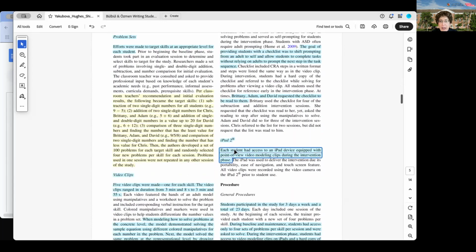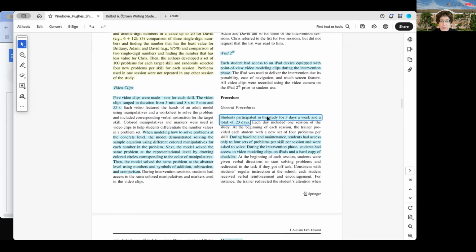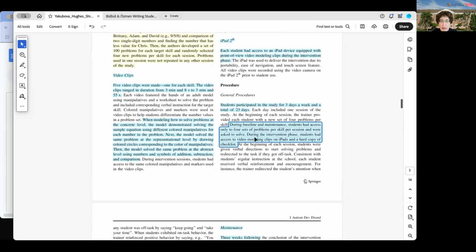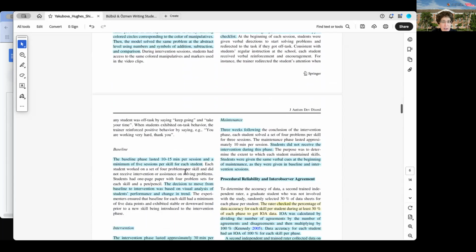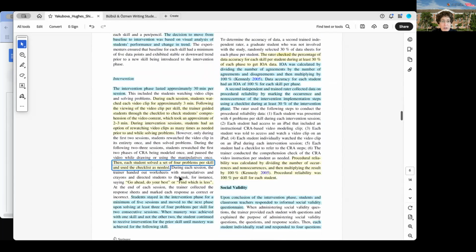Okay, and the kids had an iPad. All right, these children participated 3 times a week, and it took 23 days for the study to take place. Okay, so then they're talking about baseline and maintenance, and they're going to go into that a little bit more about the intervention.